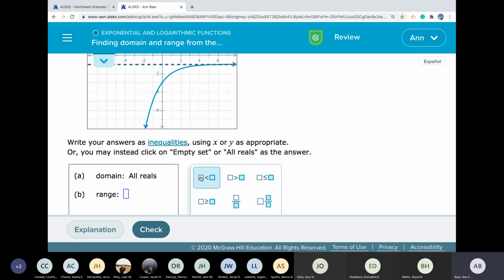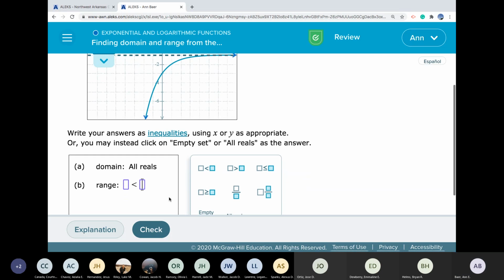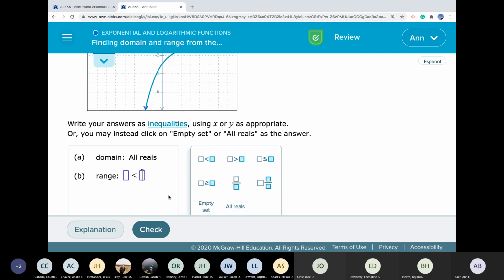So let's select this first. And let me make sure I put the cursor in the box and select this. So this time we want to start out with all these y's down here because we collected all these y's all the way down here. Because this is going down, down, down, down, down.